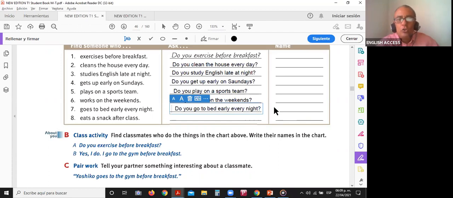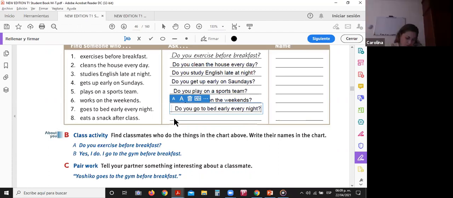Do you go to bed early every night? Every night. You go to bed early every day.